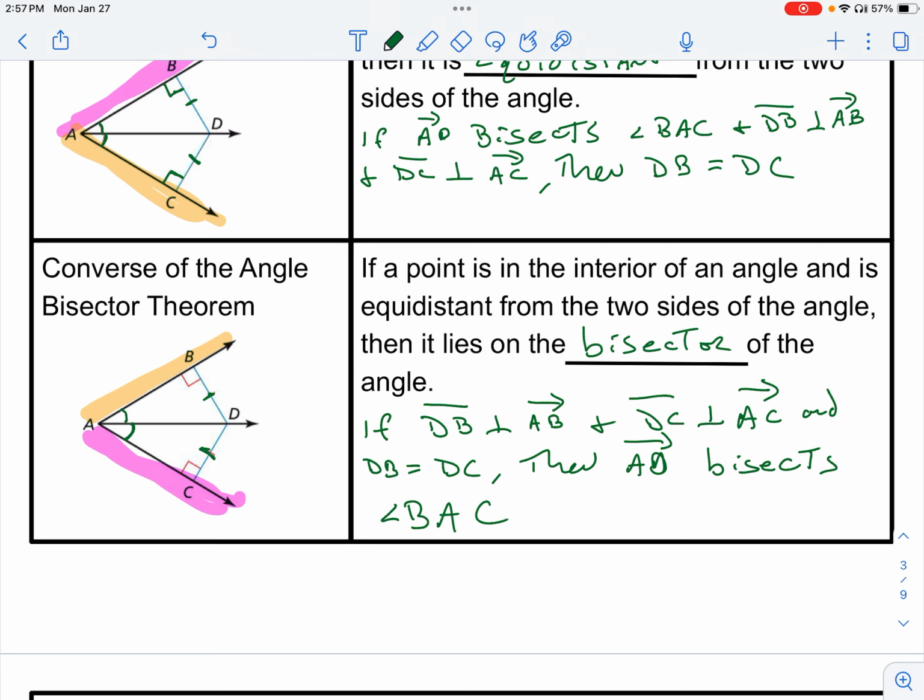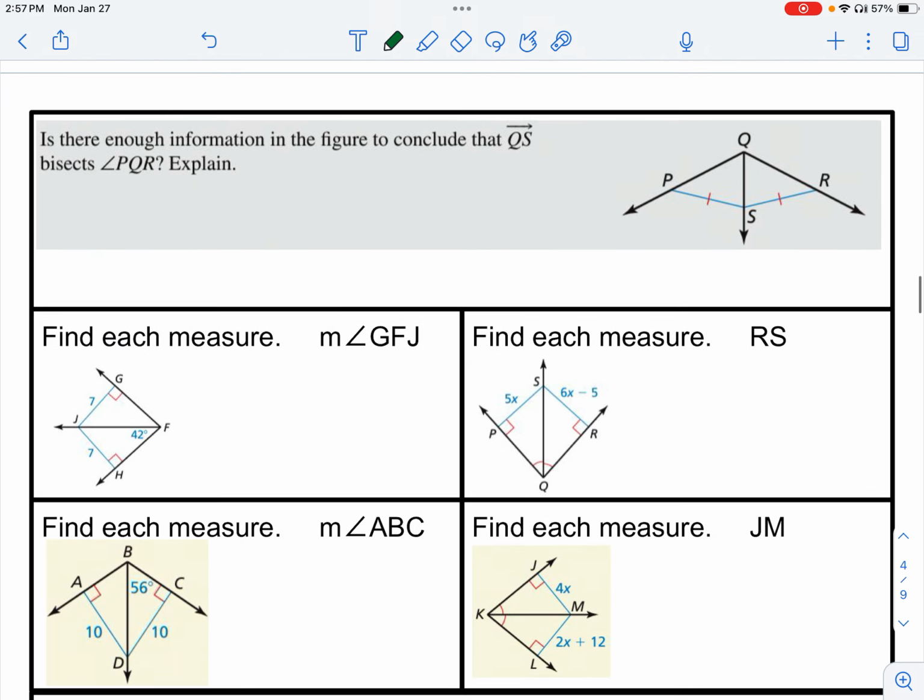All pretty straightforward. So let's move on and look at some examples of how this might work.